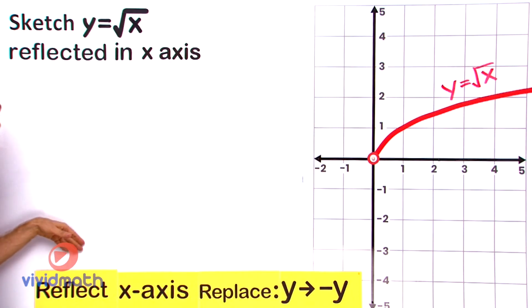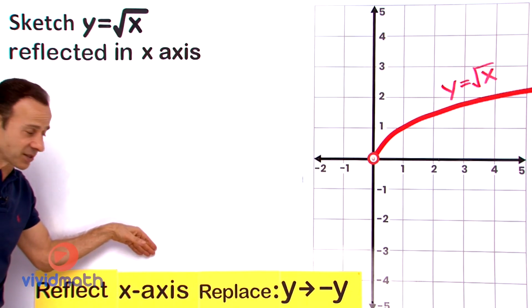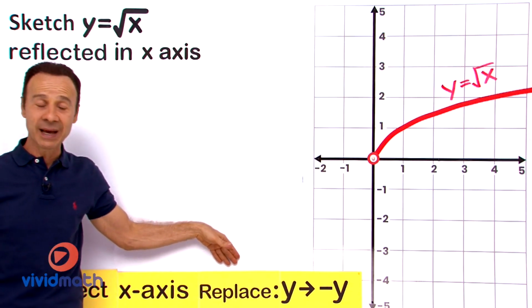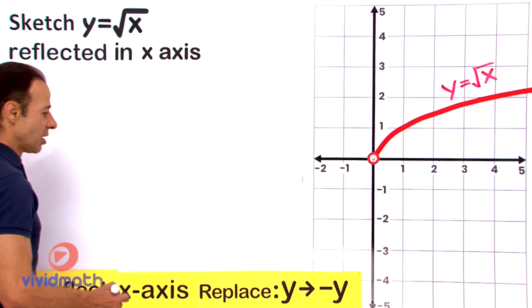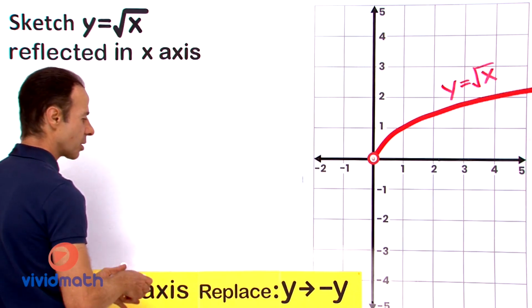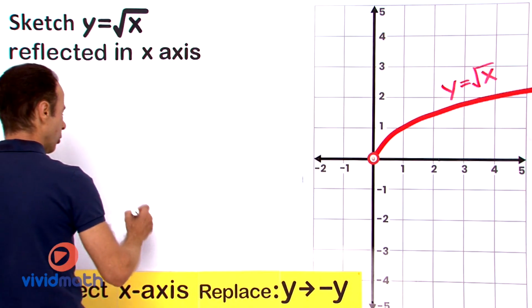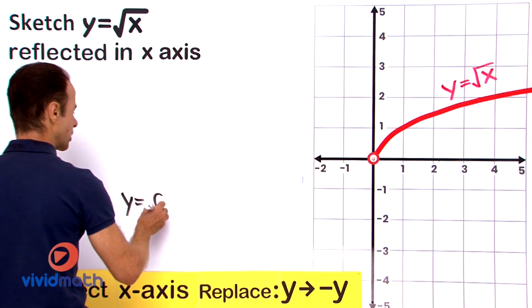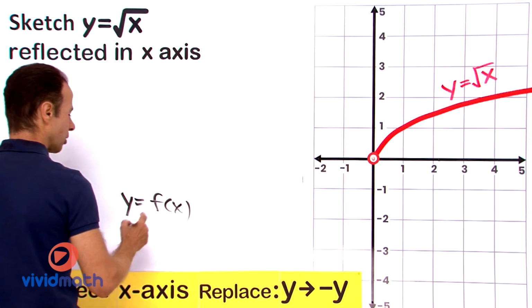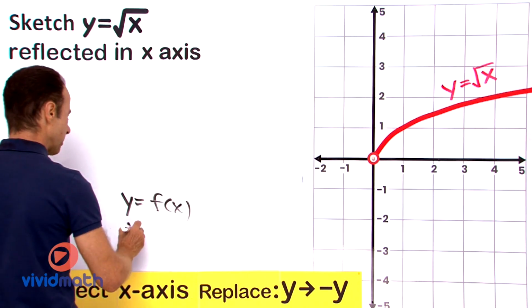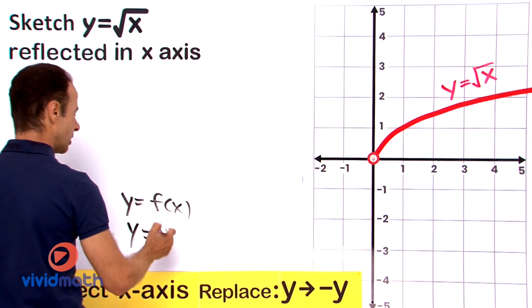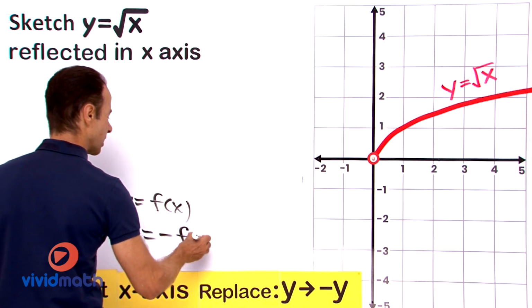If we want to reflect about the x-axis, all we have to do is replace the y for negative y. What that means is, we know we've got y equals function x. But when we want to reflect that function x about the x-axis, then it becomes y equals negative function x.